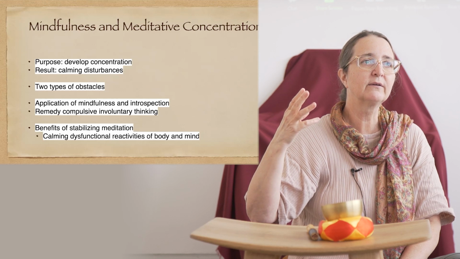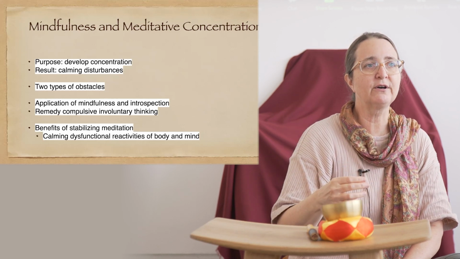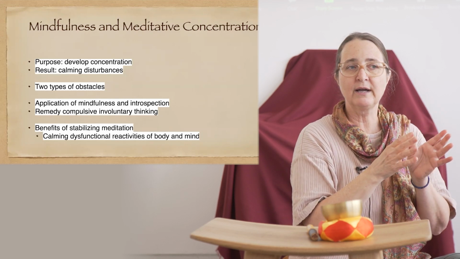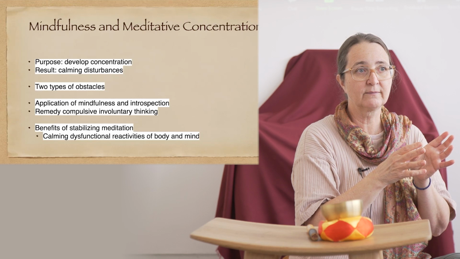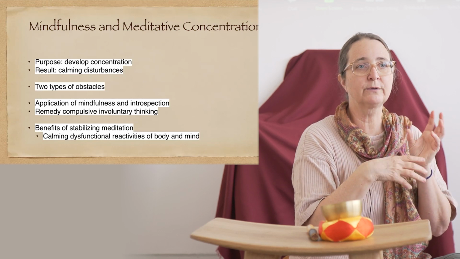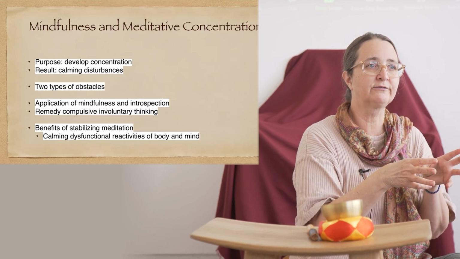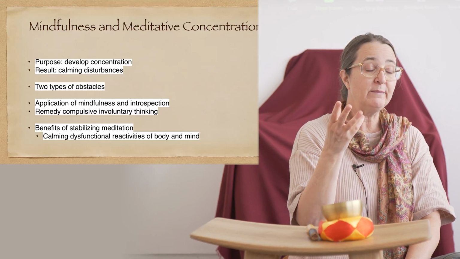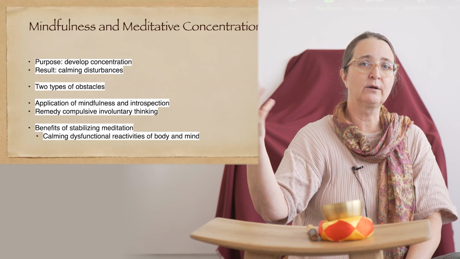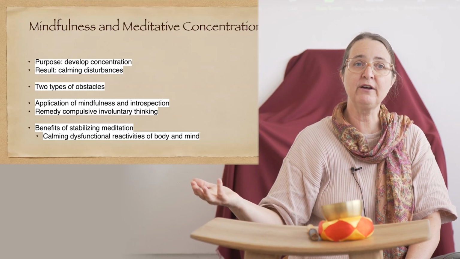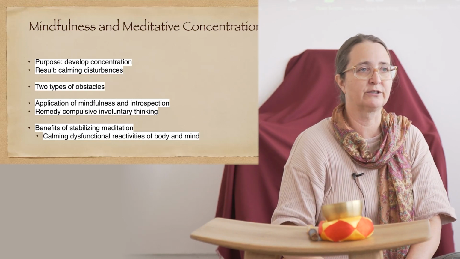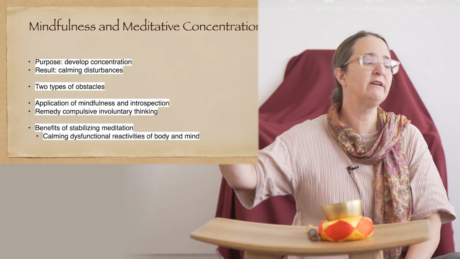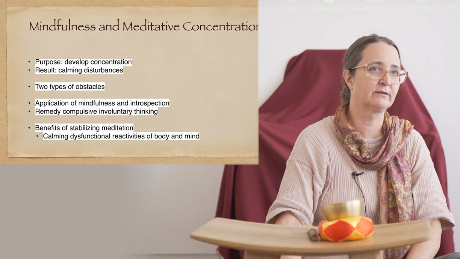If we don't identify with the thoughts, and we're keeping our identity on another aspect of the mind, the nature of the mind, or our mindfulness itself, the remedy for those compulsory, involuntary thoughts is mindfulness and introspection. This is how we're training our mind away from identifying with thoughts.